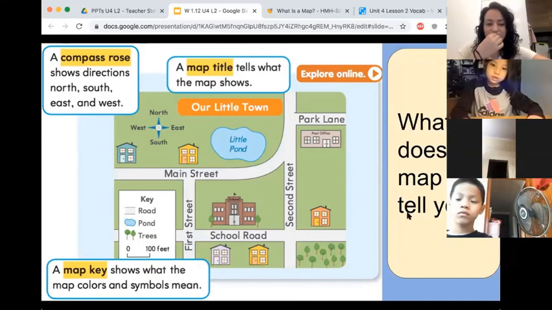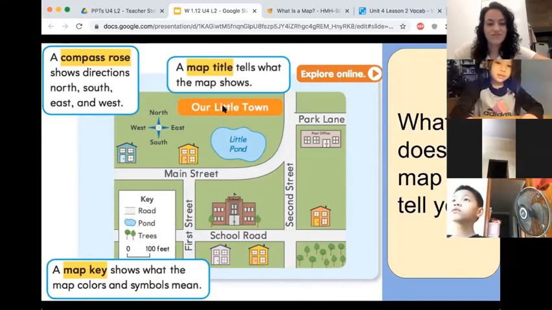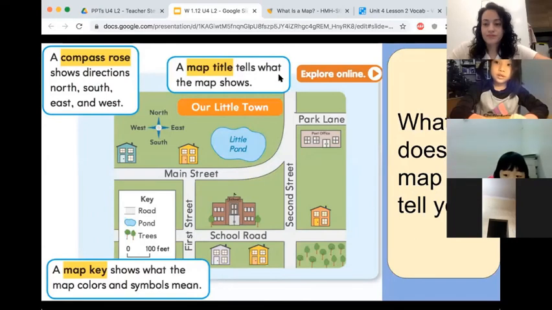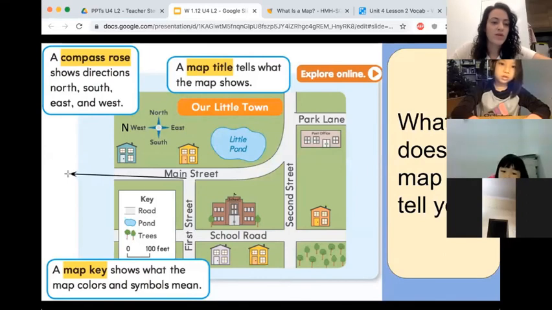Go ahead. Sometimes I see a compass, I see the north arrow turning somewhere else. But how does that happen? And how do travelers use it to go home? Great question. So if the compass rose was different, if this was north, that just means that this part of the map is pointing to the North Pole.